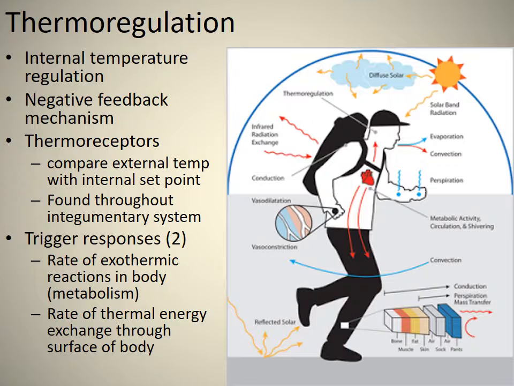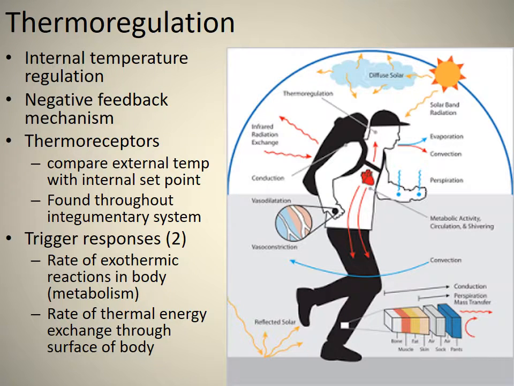Osmoregulation is how our body maintains total body fluid. There's a couple things that we will talk about with osmoregulation. Negative feedback mechanisms are used in both thermoregulation and osmoregulation. It's just that we're talking about different organ systems that are involved.